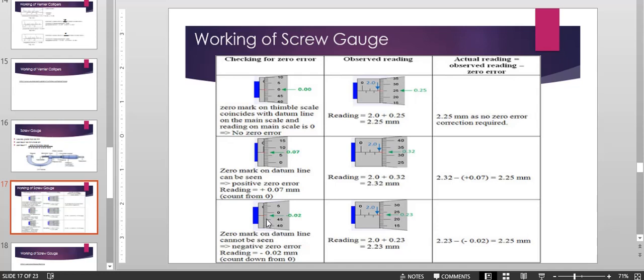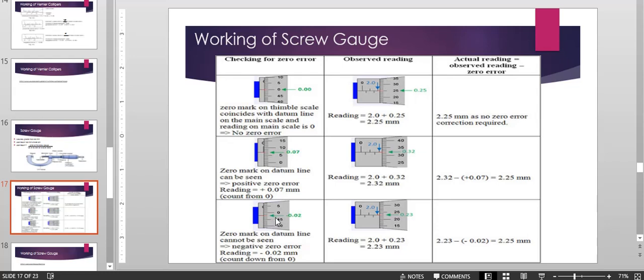Again, the same formula: find out the line which is in accordance with the index line. It is the 58th line, but treat it as the 48th line. Minus this 48 by the total divisions on the circular scale, that are 50.